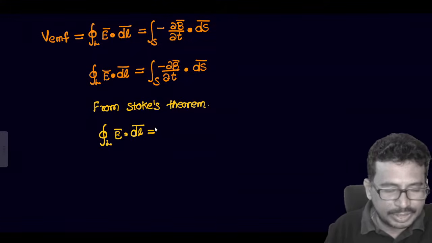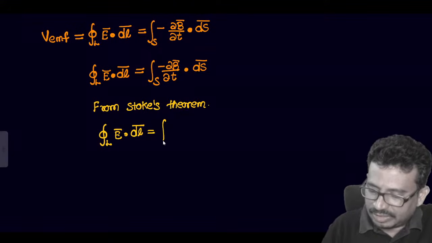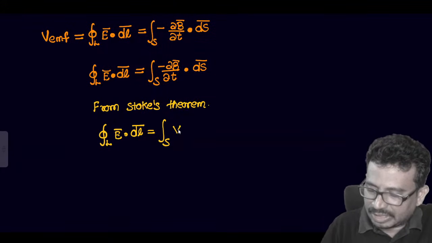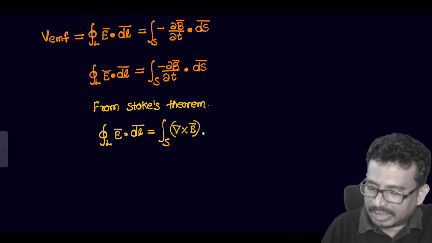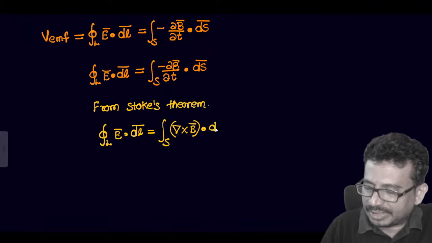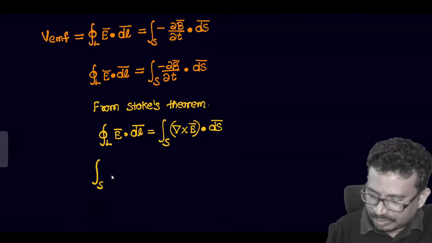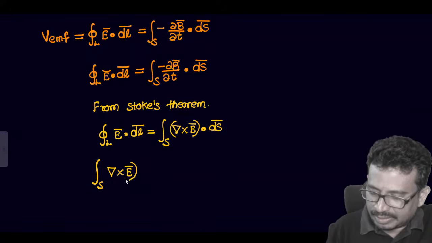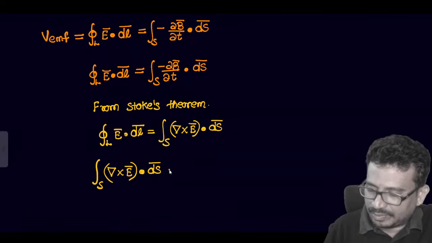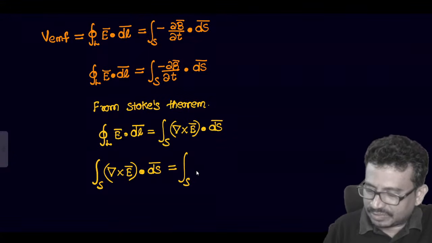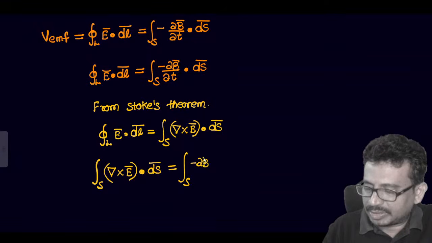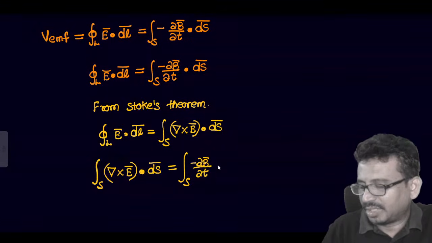The open surface integral of del cross E dot ds. Now I am equating them. The open surface integral of del cross E bar dot ds is equal to the surface integral of minus dou B by dou t dot ds.